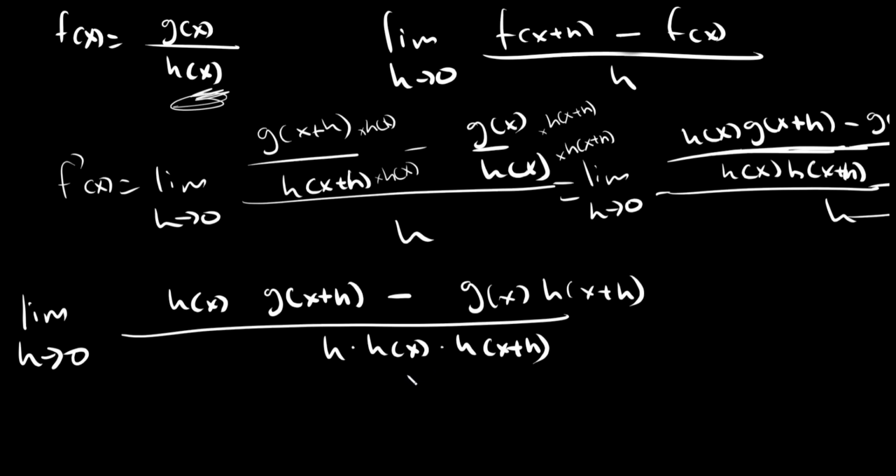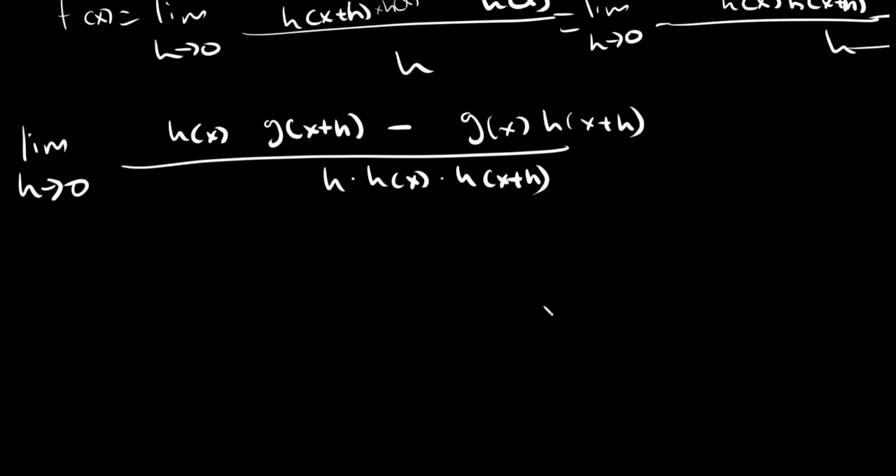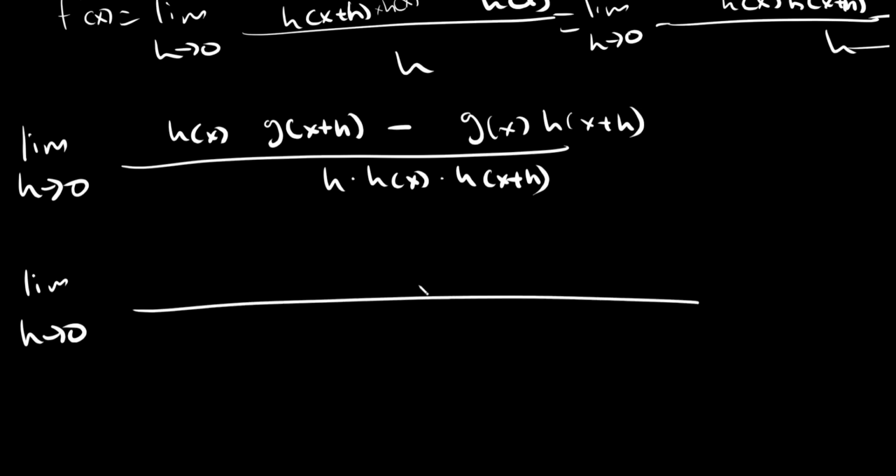You guys remember the trick that we used in the product rule? We're going to use it here as well. So here, what I'm going to do is add f of x. Actually, I'm going to subtract f of x.